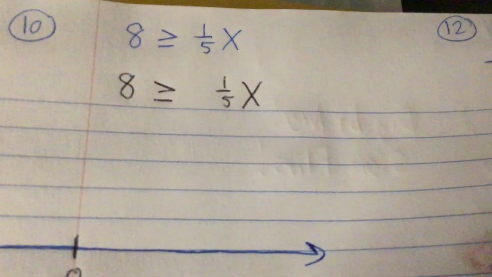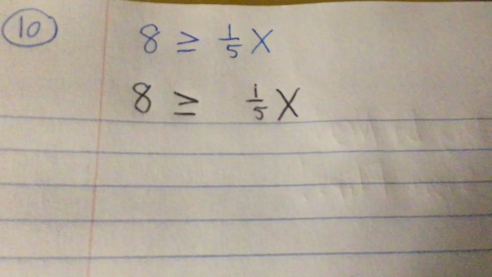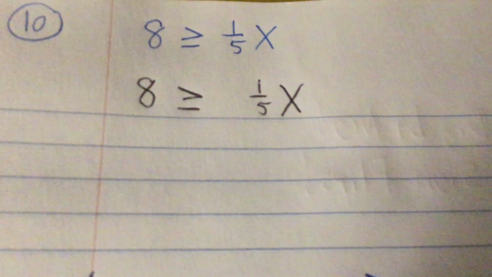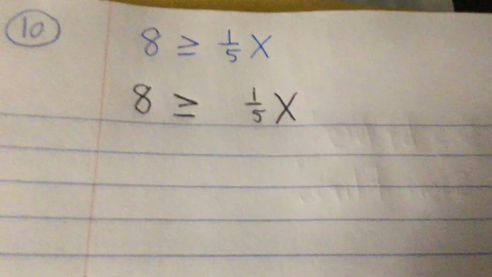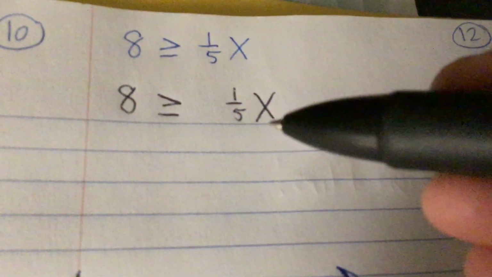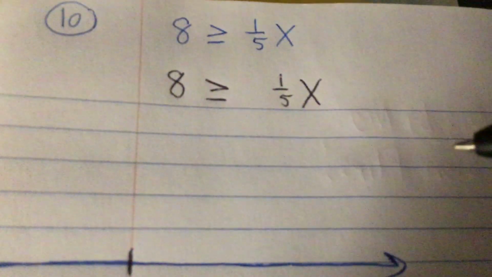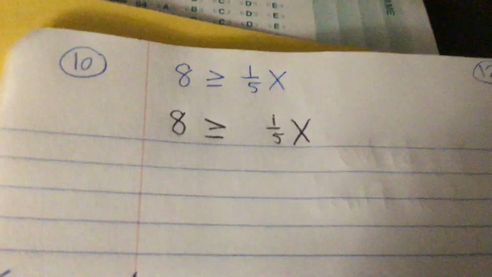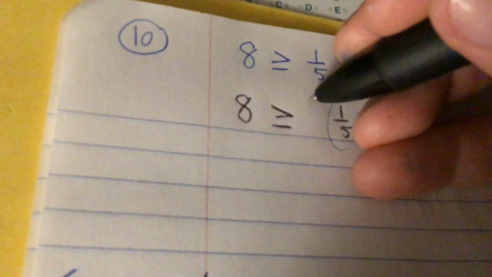Okay. 8 is greater than or equal to 1/5 of x. Okay, well, x is on the right side, but luckily, how do I isolate x if it's 1/5 of x? I'm going to multiply both sides by 5.